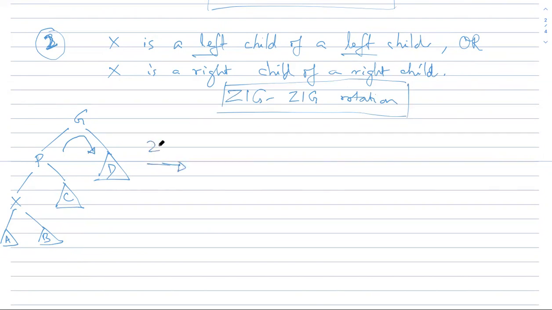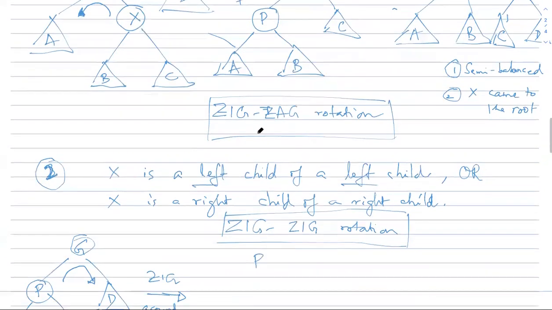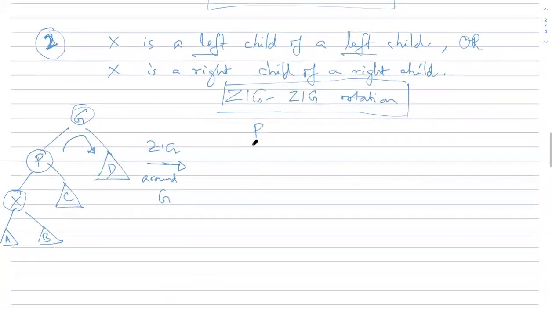So this is zig around G. After you give this rotation, P comes up, and then G becomes the right child of P, and this subtree D stays intact.